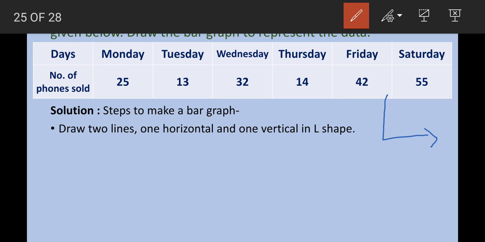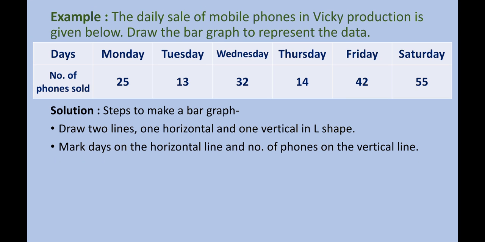This is the horizontal axis, the x-axis, and the other one is the vertical axis, and together they form the shape of L. Next, mark the days on the horizontal line, that is, on the x-axis, and the number of phones on the vertical line. On the y-axis we have to mark the number of phones sold.